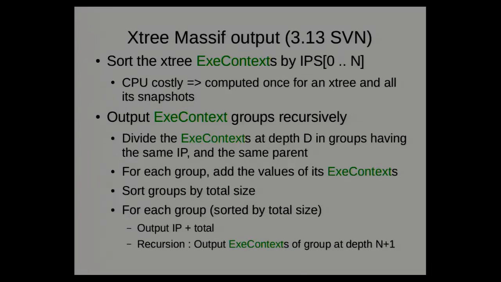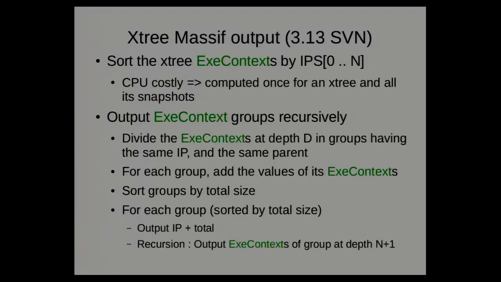Then inside the exec contexts which have the same program counter at depth 0, at depth 1 we will also sort them by program counter. In other words, at level 0 things are sorted by program counter, and then at level 1, in the subgroup which has the same program counter, we again sort by program counter. This sorting is CPU costly, but in fact it is not really dependent on a snapshot, because the order of the exec contexts will always stay the same for one snapshot or another.